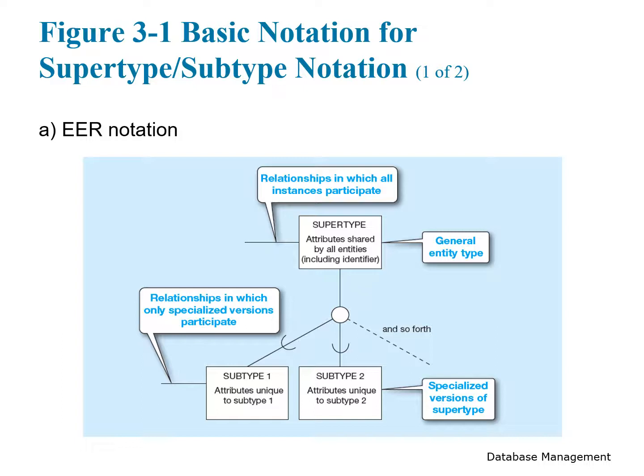So there is a supertype, the general entity type, and then there are subtype 1, subtype 2, and so on. There is a relationship in which all instances participate with the supertype, and also a relationship in which only one specialized version participates, and also the other specialized version of the supertype is subtype 2.